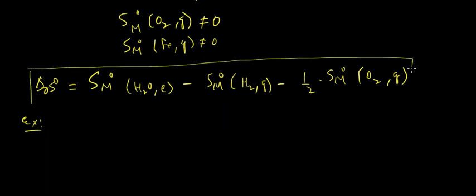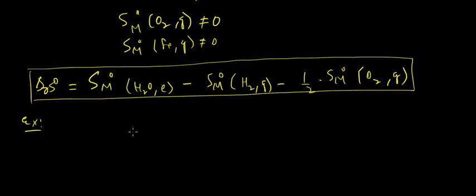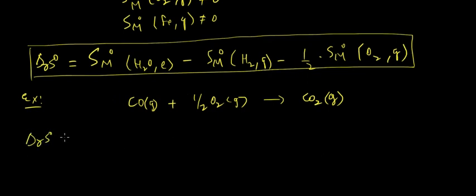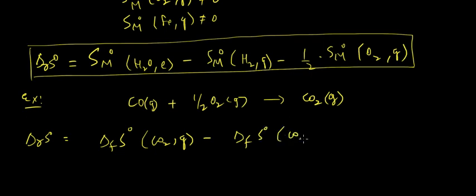let's take another example of the reaction of carbon monoxide gas plus half moles of O2(g) converting itself into CO2(g). So in this reaction again ΔrS° can be written as ΔfS° of carbon dioxide minus ΔfS° or entropy of formation of carbon monoxide.